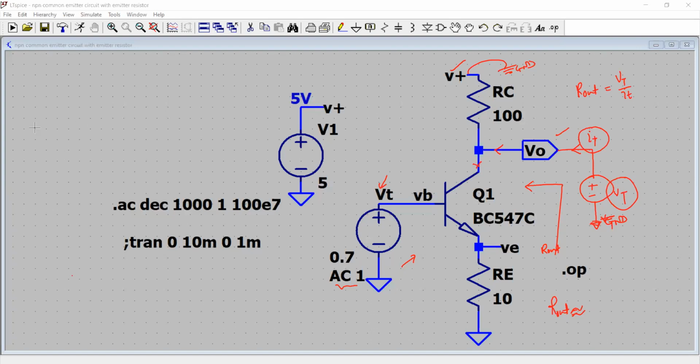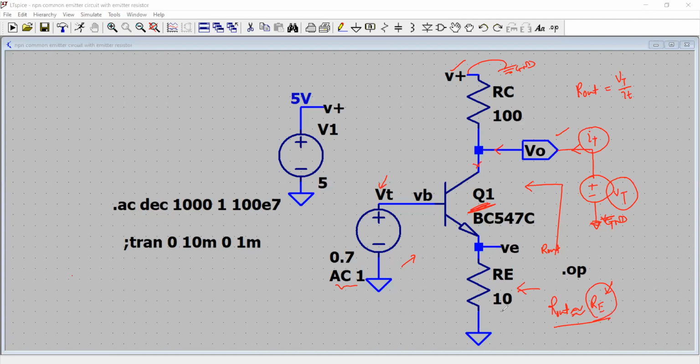Okay, so R out was approximately equal to RE, which is this value 10 ohm. So it's pretty low actually. And this is because of the beta of the transistor. So how we derive this value, if you want to see that, refer to the previous model that we have created. Okay, so how to simulate that, we'll see.